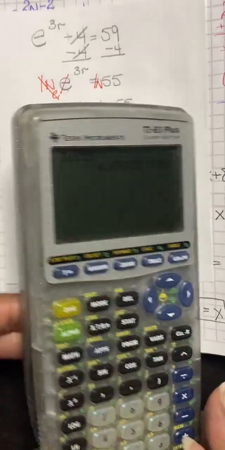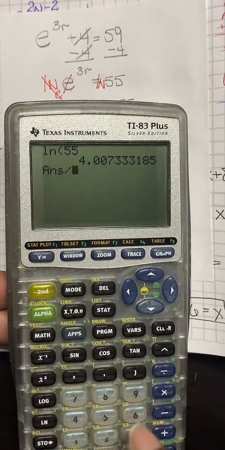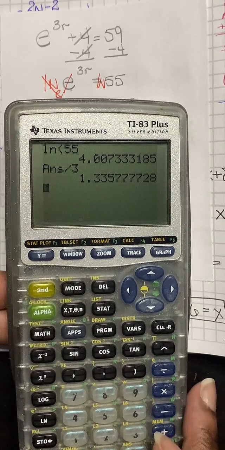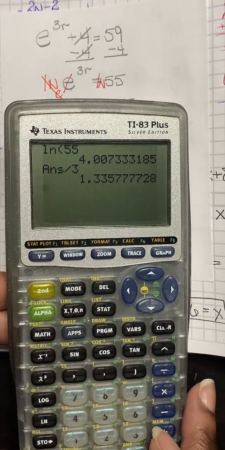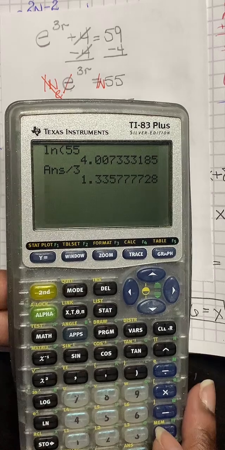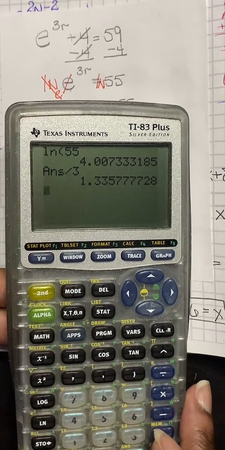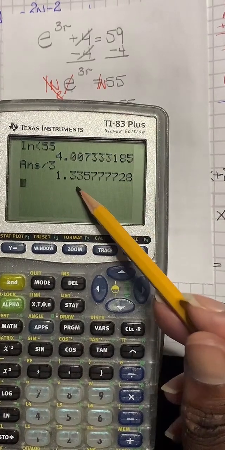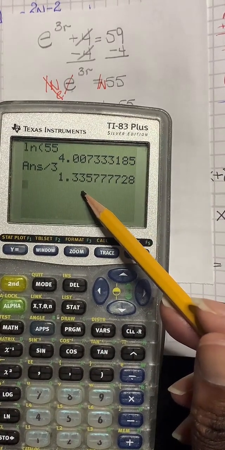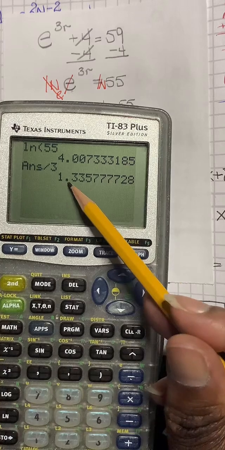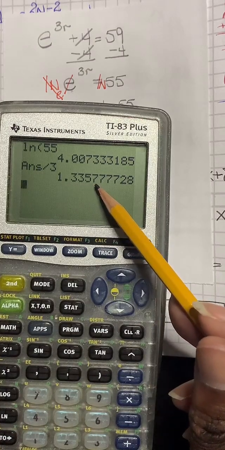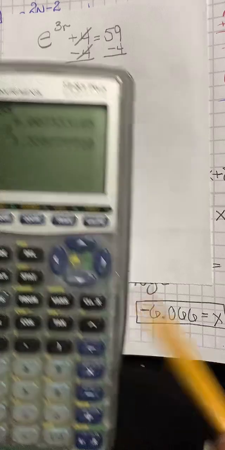And then I'm going to divide that by 3. So if I round it to 4 decimal places, I'll have 1.3358.